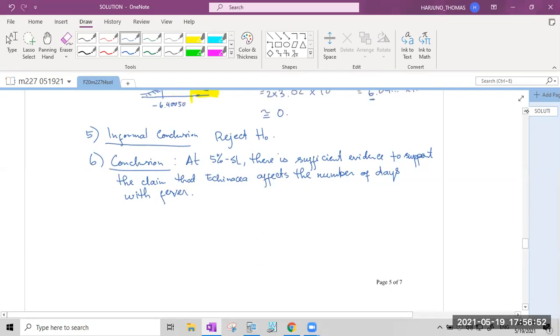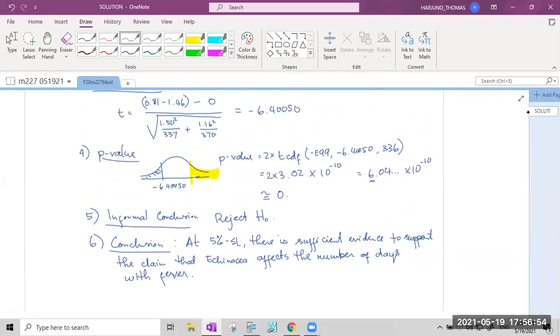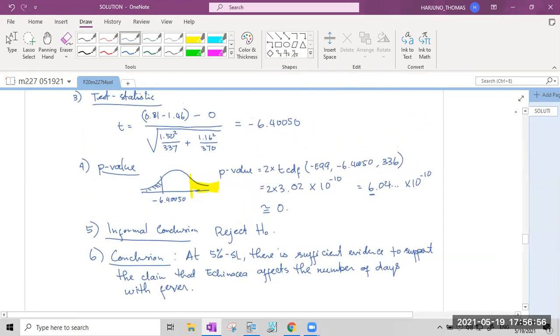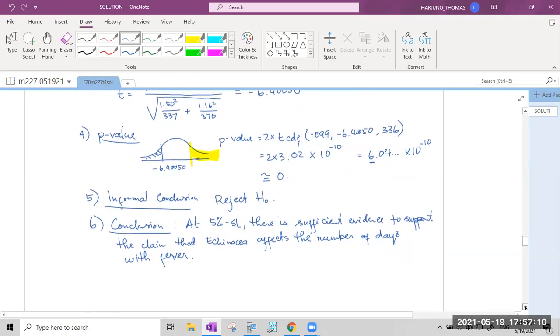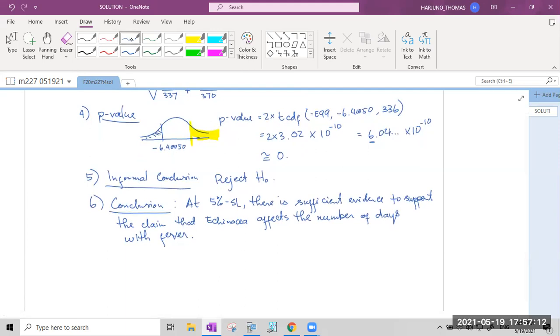Okay, now does it mean echinacea is effective? Let's see that.